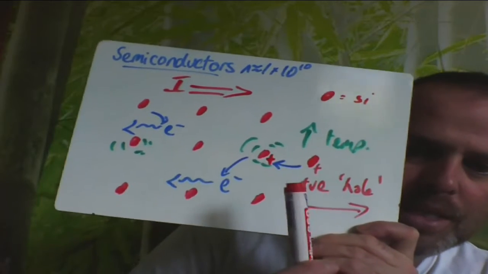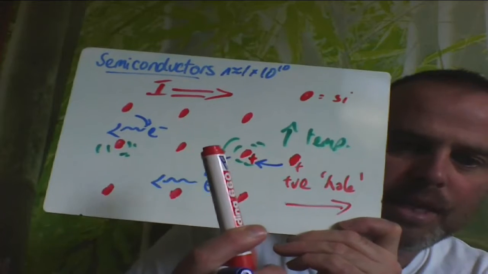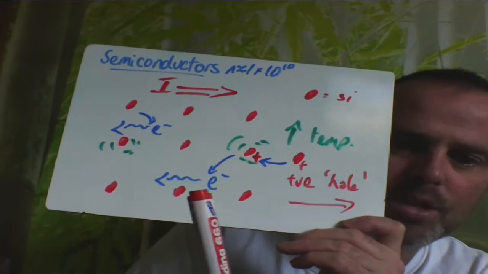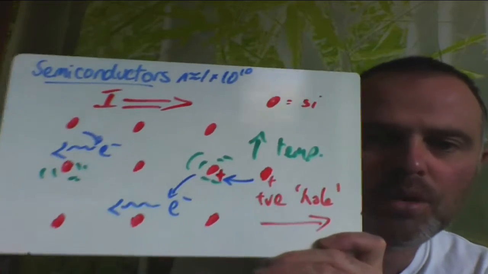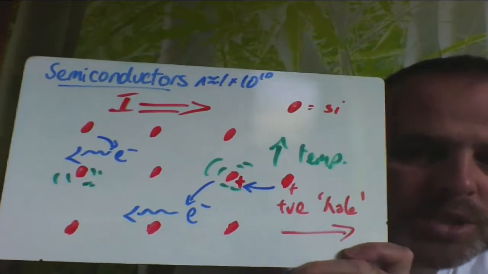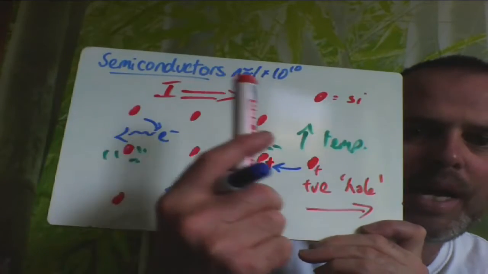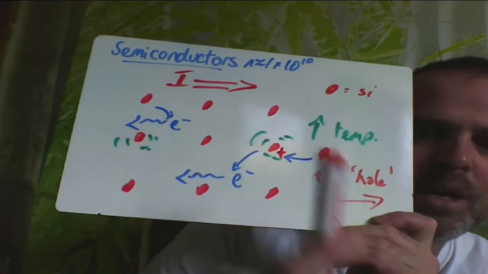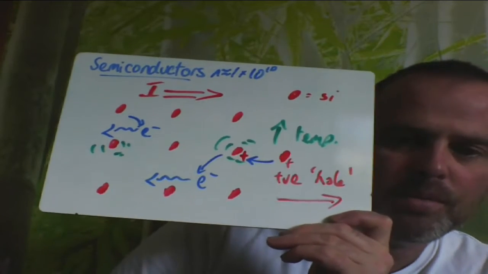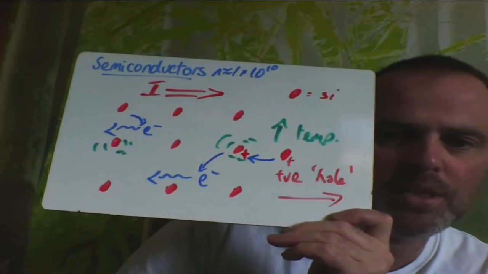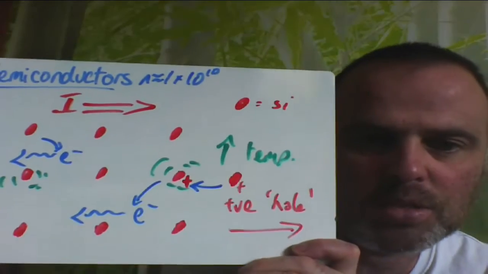So this positive hole is carrying charge that way, and the electron that's being freed up is carrying charge that way. And this is why the relationship is not linear, because for every electron I get freed up, so for every electron that increases my number of free charge carriers, I also get a positive hole taking charge in the opposite direction. So as temperature increases and the number of free charge carriers increases, the resistance decreases quite drastically.